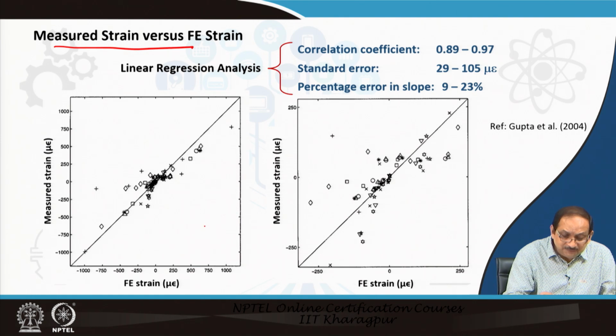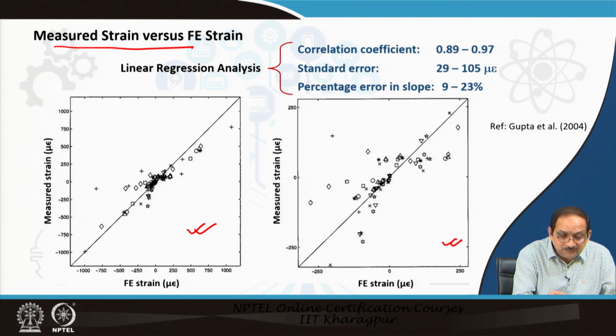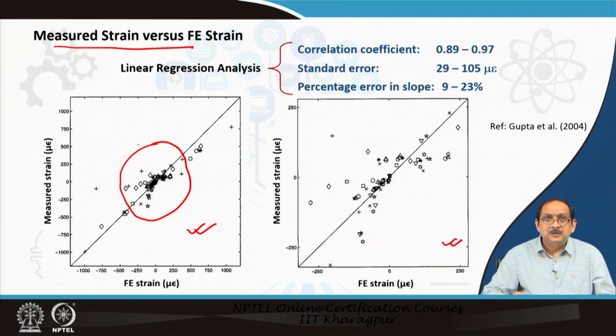The figure on the left consists of all the measured data, but the figure on the right is plotting a zoomed view, or closer view, of a cluster of data in the range of plus minus 250 microstrain. That is the low range of plus minus 250 microstrain.